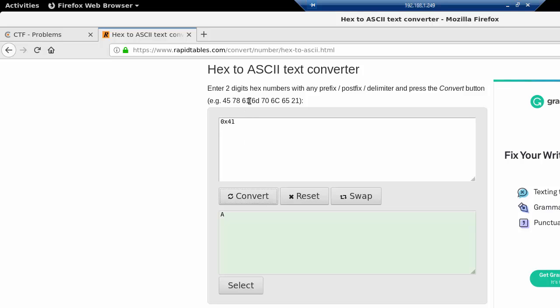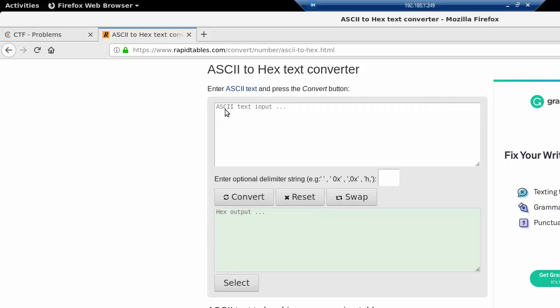Now it says here enter 2 digits, so 0x kind of like represents that this is actually a hexadecimal. So let's reset it, and let's just enter 41 and convert it, and we get an A. Reset a last time, swap it.